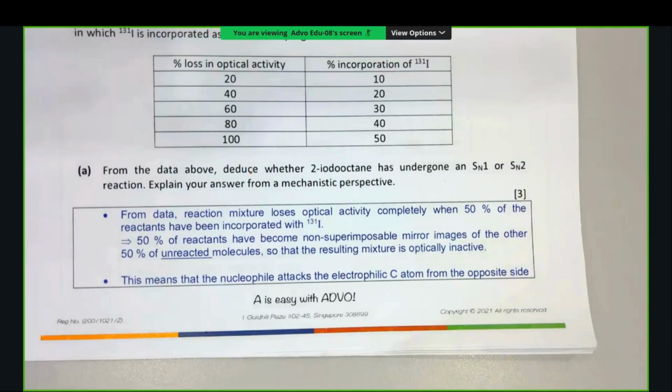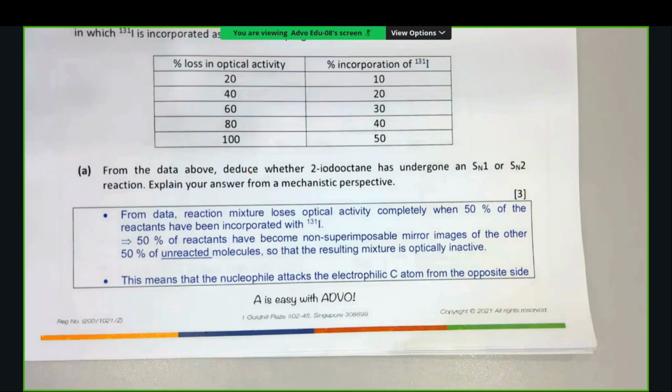That means 50% reacted to become product, not superimposable with what remains behind. That's why you have a racemic mixture when it's half reacted: SN2 mechanism. This continues behind, but take this down first before I flip.